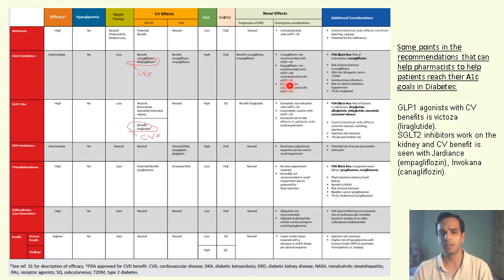And also, care should be taken with patients with renal impairment. Jardiance is contraindicated if the eGFR is less than 30.